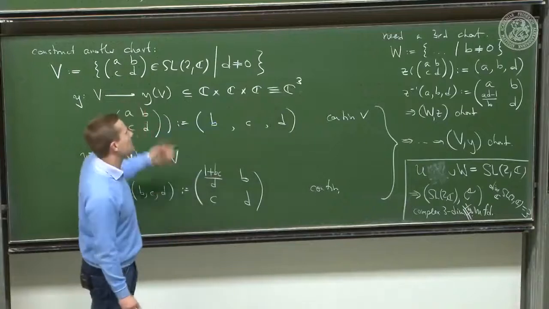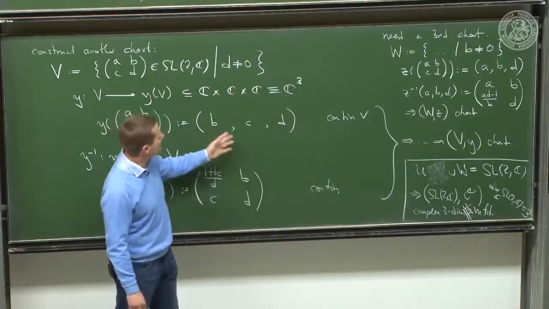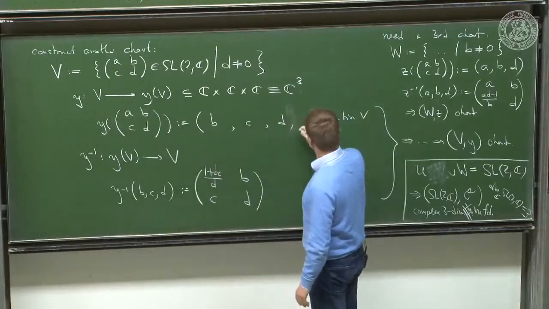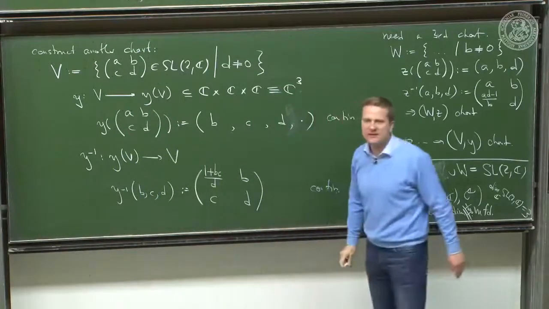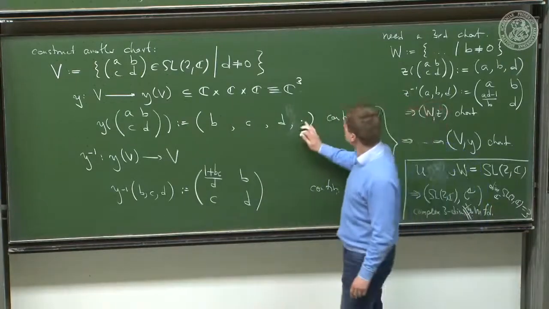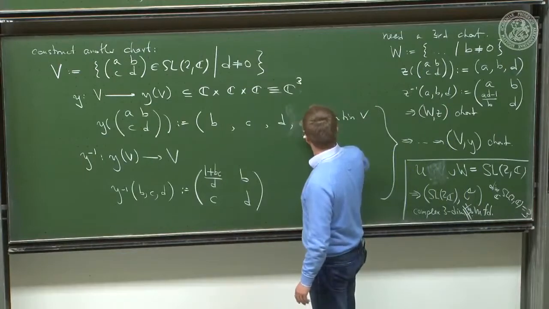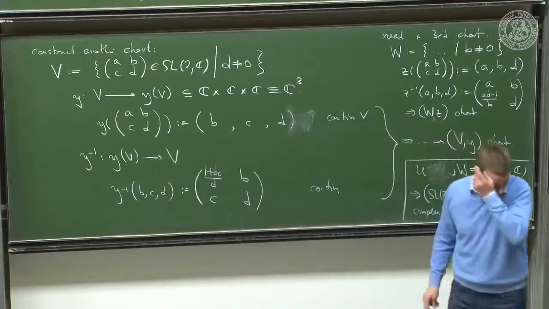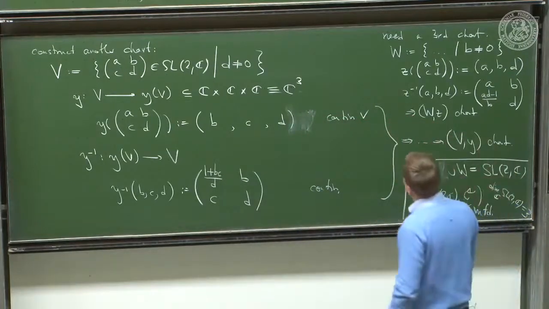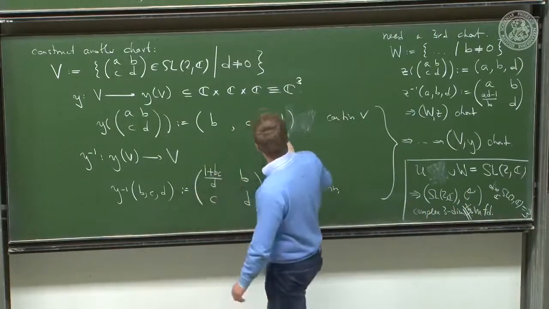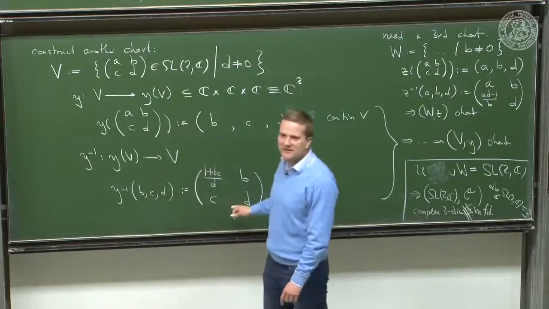That would be very silly. You would have to have an additional entry here, right? But it's not so simple, because if you do this map and you go back, you get more than SL2C.